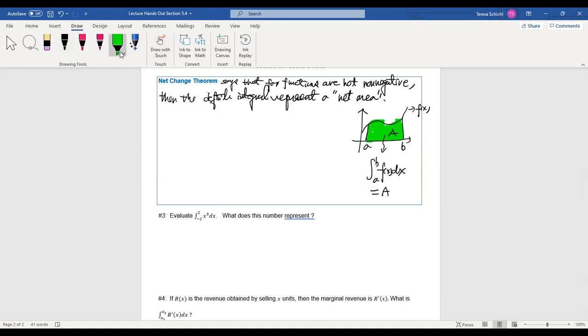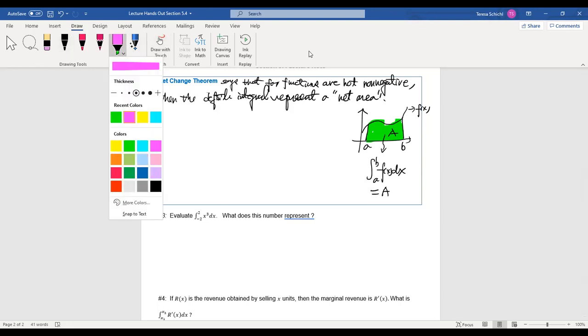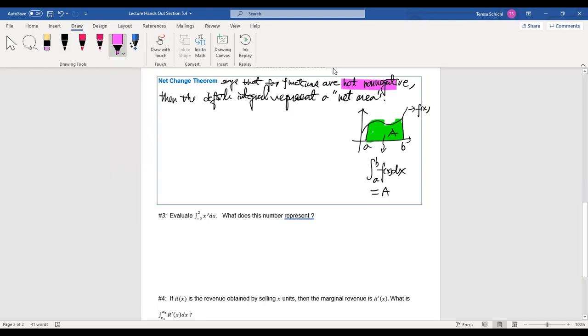Okay, so for this one here, let's say the function is not non-negative. So be careful, the function is not non-negative. What does that mean? That means your function could go to the negatives. So if this is your function, what does it look like?